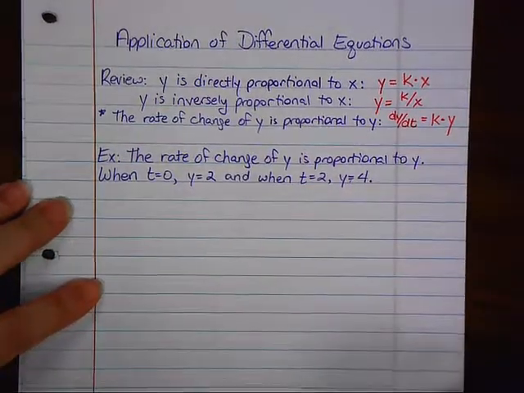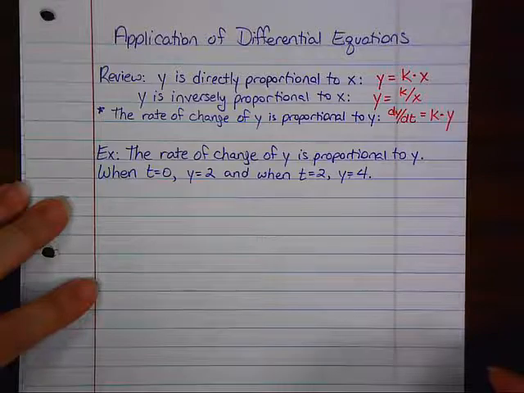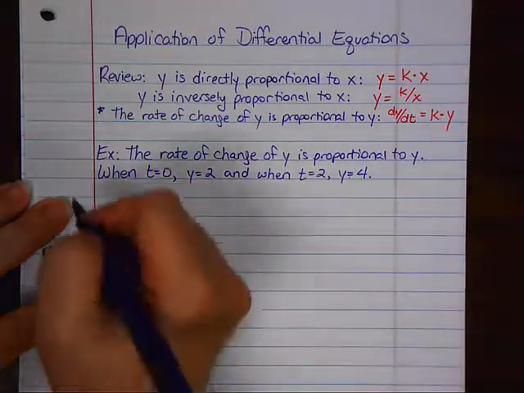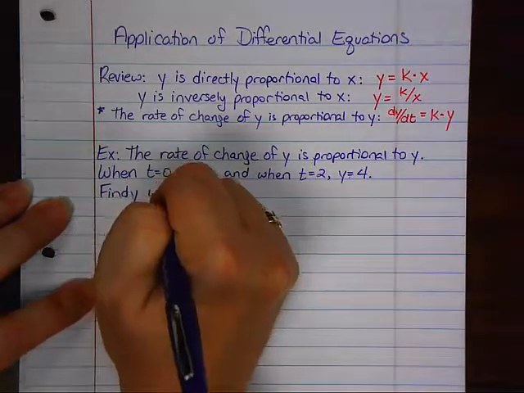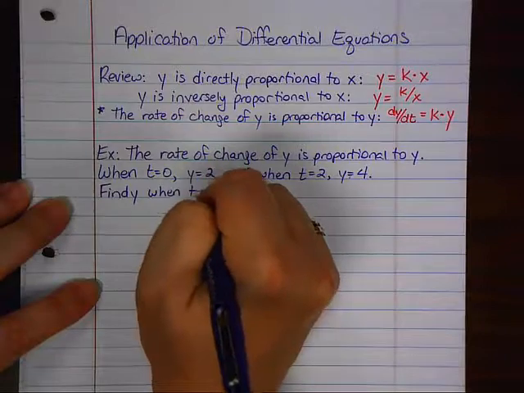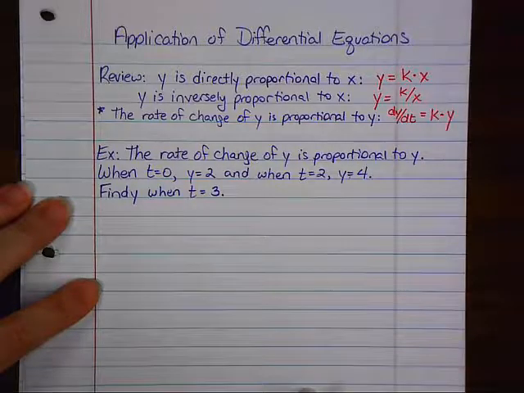Oh, wait just a second. The rate of change of y is proportional to y. When t equals 0, y equals 2. And when t equals 2, y equals 4. The question is, find y when t equals 3.